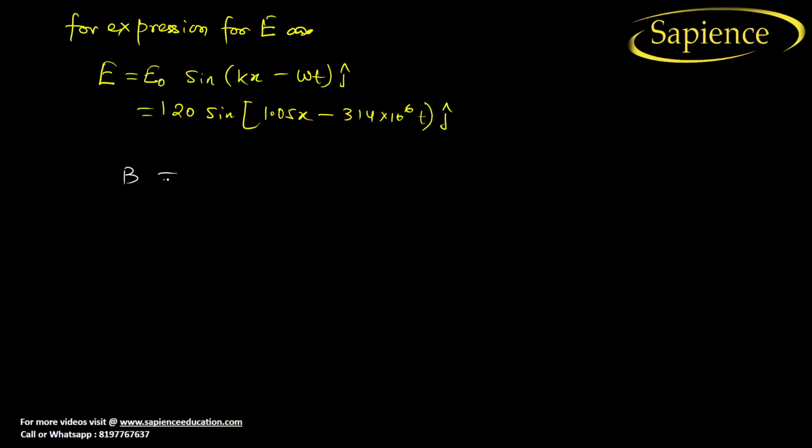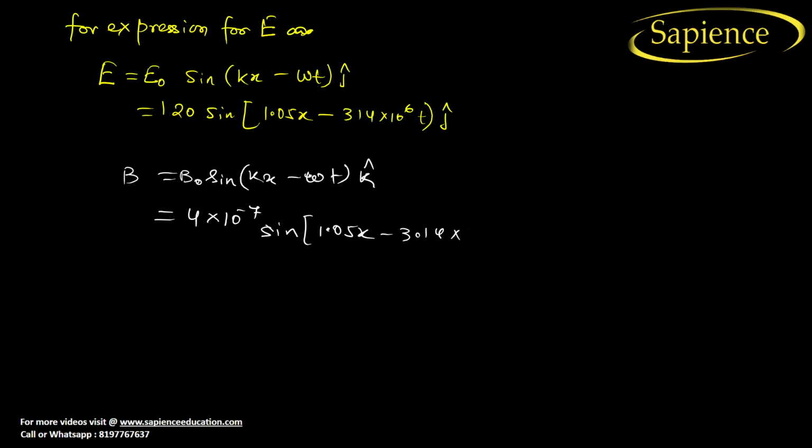Now we need to know the expression for the magnetic field, that is equal to B naught into sine of kx minus omega t into k cap, because both are perpendicular. B naught we have already found just now: it is 4 into 10 power minus 7 into sine of 1.05x minus 3.14 into 10 to the power 8 t, into k cap, right?